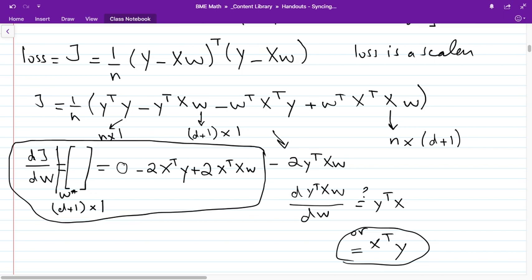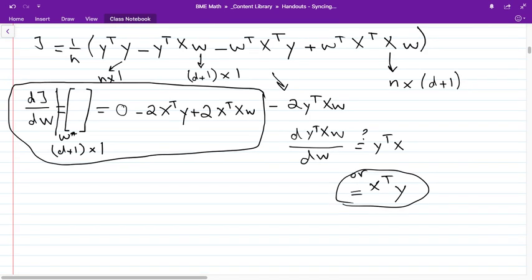Now, you can always check this by actually taking a vector w and a matrix x and multiplying them by each other, and you get a scalar quantity, and then take its derivative with respect to w and check to see that this is how it turns out. And indeed it does.